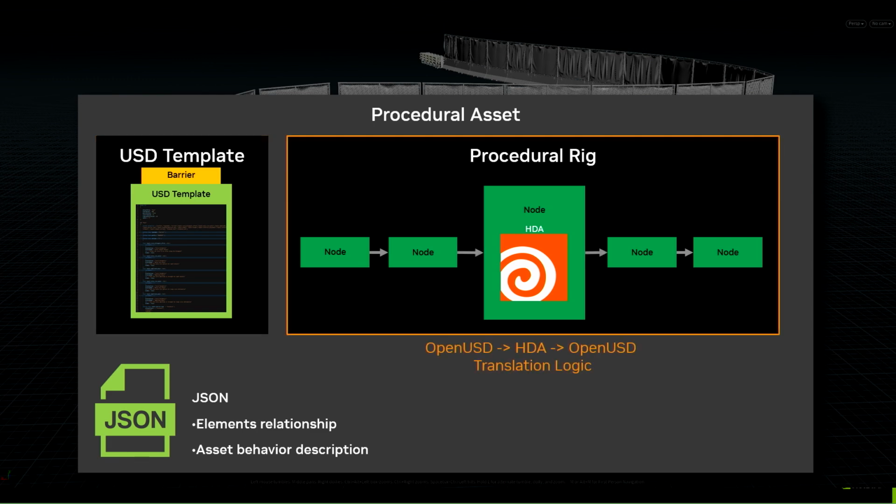The graph structure of this procedural rig has some native nodes that take the USD information and feed it to the HDA, the function that generates the data and the topology, and feed it back to the USD to be live on stage. So this is a graph that executes at runtime. And this whole procedural asset itself becomes a packageable, versionable representation of this asset, saved as a JSON file.